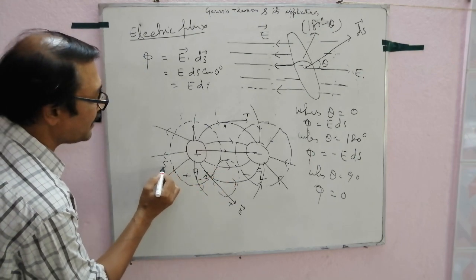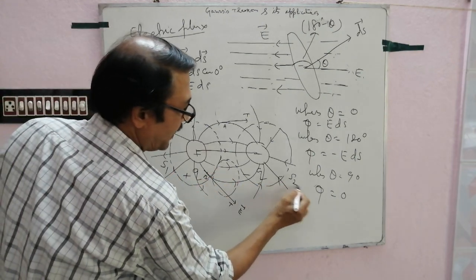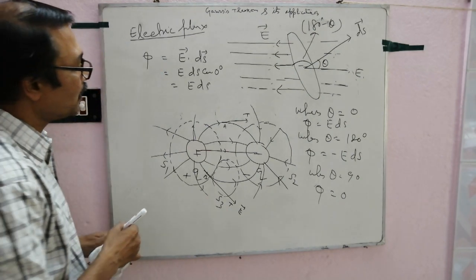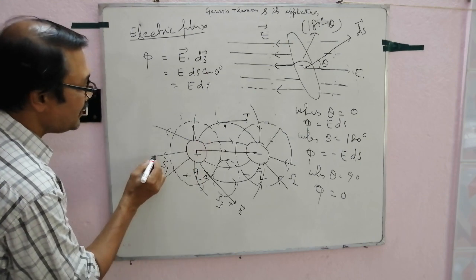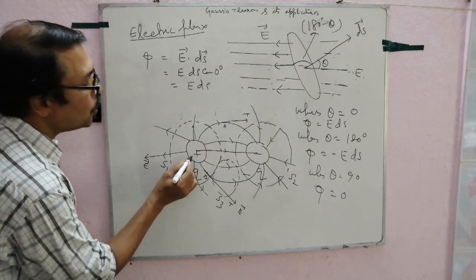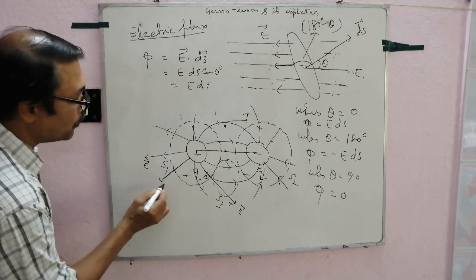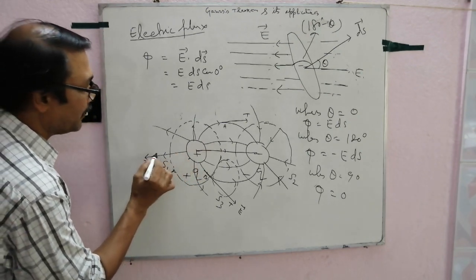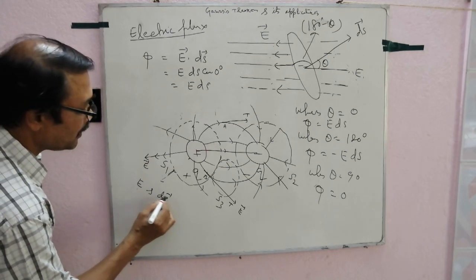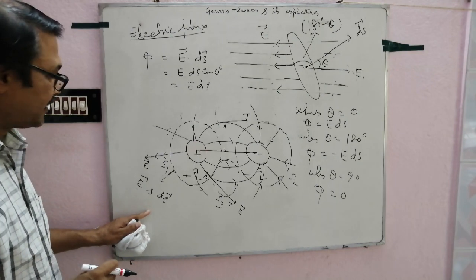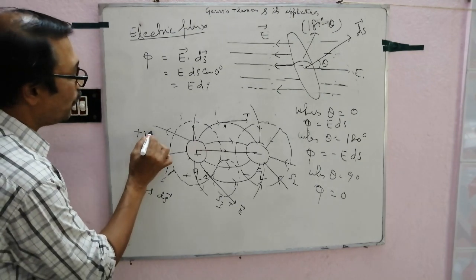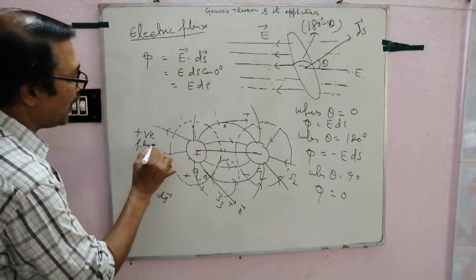This surface I indicate S1, this is S2 and this is S3. Follow: the field is in this direction, that is E, and the normal to the surface is outward in this direction. So E and dS are in the same direction, so it is positive flux.